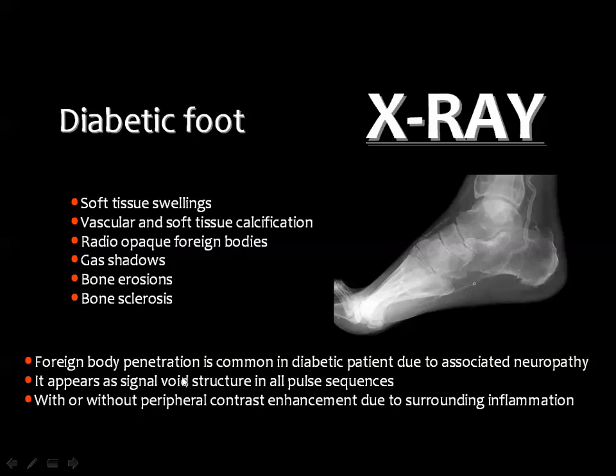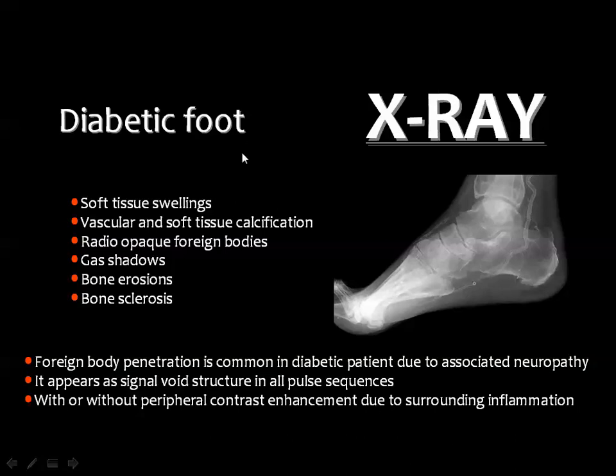Foreign body penetration is common in diabetics due to associated neuropathy. And a foreign body, if it is opaque, will appear on the plain film. If not, it will appear as a signal void structure in all pulse sequences by MRI, surrounded by inflammatory granulation tissue, which will enhance if you inject contrast material.